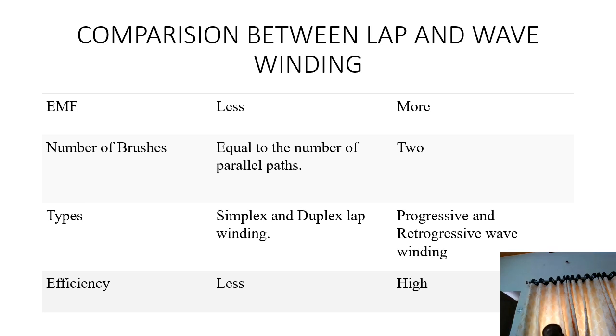In lap winding, the EMF induced is very low compared to wave winding, because lap type winding has low voltage and high current, while wave type winding has high voltage and low current.